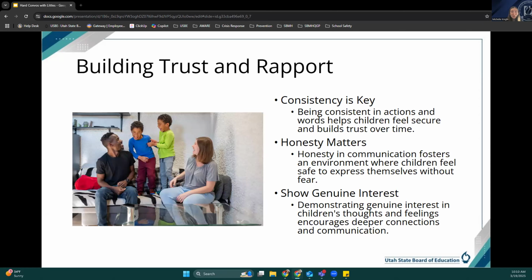Building trust begins with consistency, honesty, and showing genuine interest in children's thoughts and feelings. Nurturing a trusting relationship encourages children to share openly. Things that you might do when talking to a kiddo, especially at this young age, to encourage conversation and build rapport are things like going for a walk, playing basketball, maybe doing some art, playing a card game, things like that.